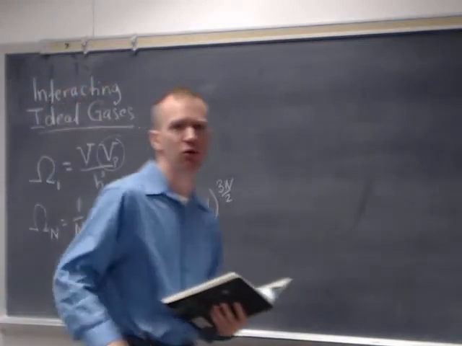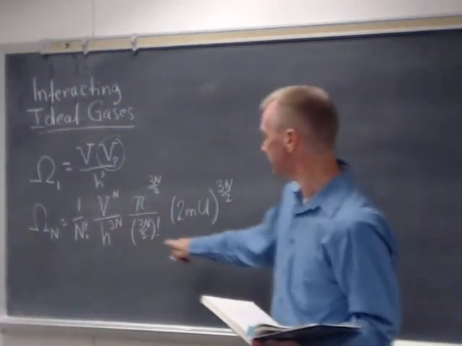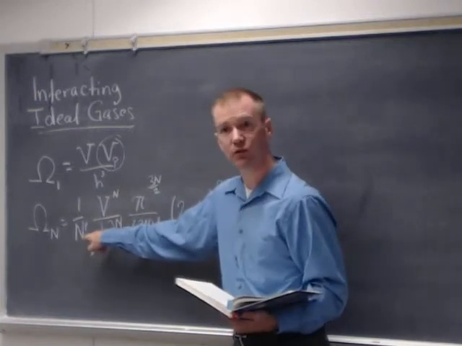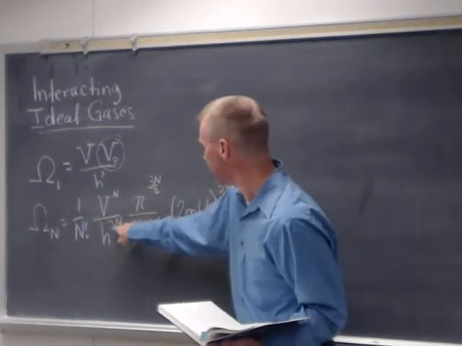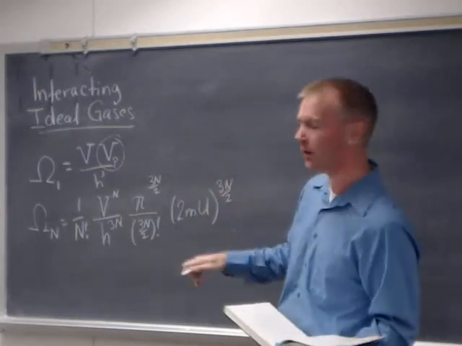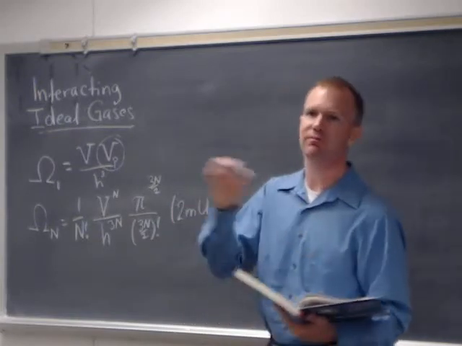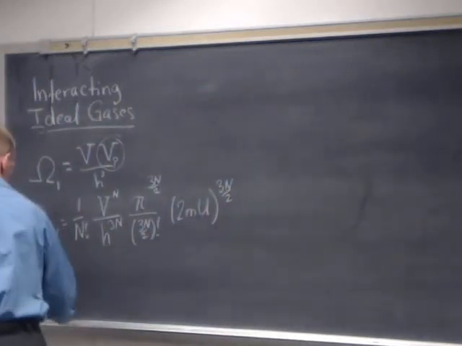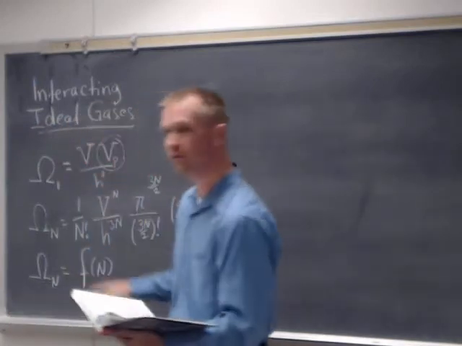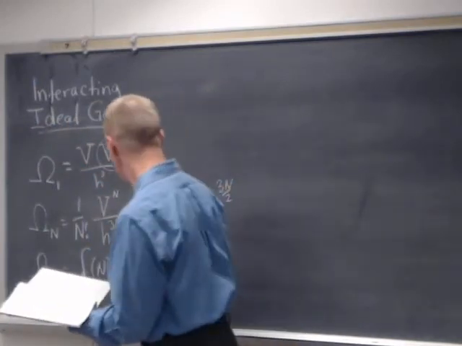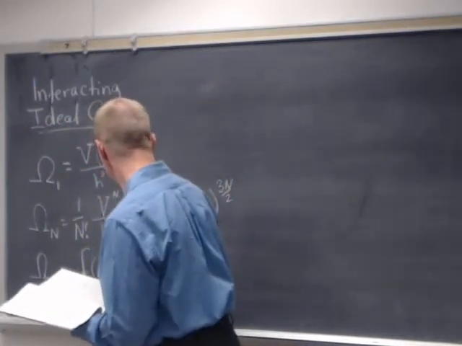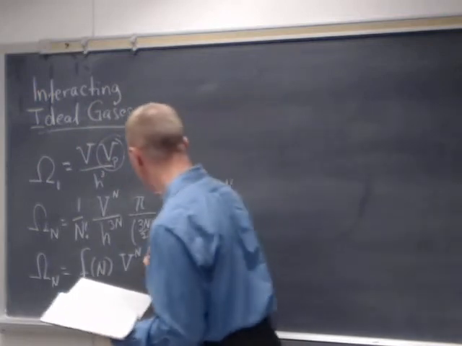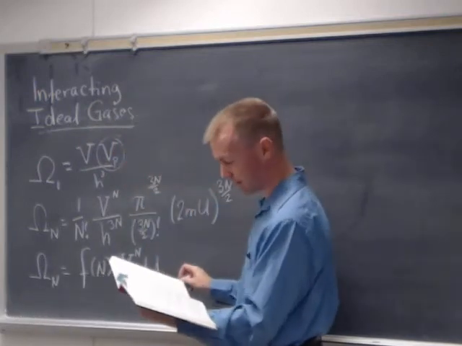And we can sweep all the other ugly stuff that depends on N, like a factorial, which we don't like, and N popping up in these exponents. We can sweep all of that into just some generic function we'll call f. So it's some function of N times V to the Nth power times U to the 3N over 2 power.